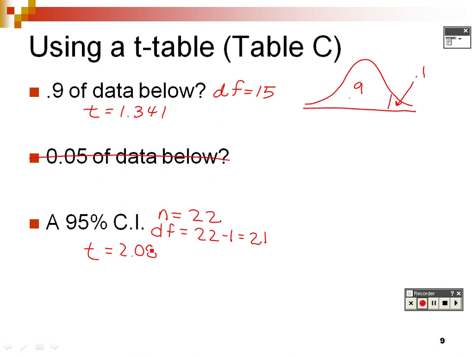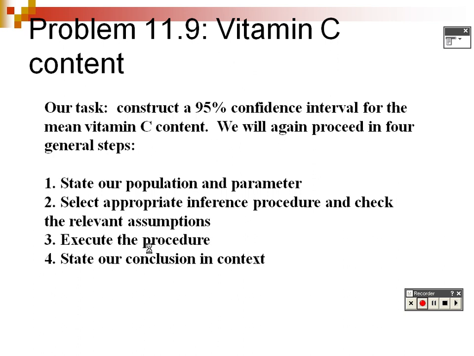I'm going to work through 2 examples of problems with you. And here's the first one. It's from your book. It's problem 11.9, and it's about vitamin C content. It's on page 628 of the book. Now, if you'd like to pause the video for a moment, what I want you to do is read the example and then put those 8 data values into your calculator.